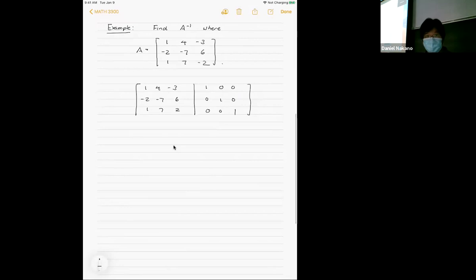So we start off by thinking of 1 as the pivot here. We want to knock out the -2 and the 1. So the first step is to multiply the first row by 2, add it to the second row and put it in the second row. So 1, 4, -3, 1, 0, 0.